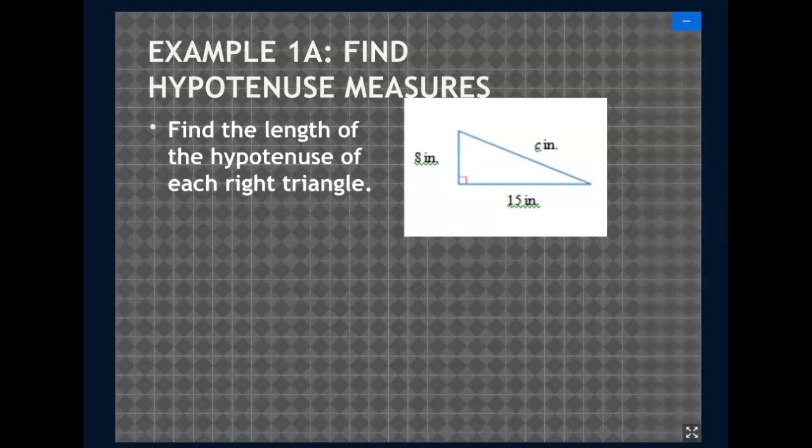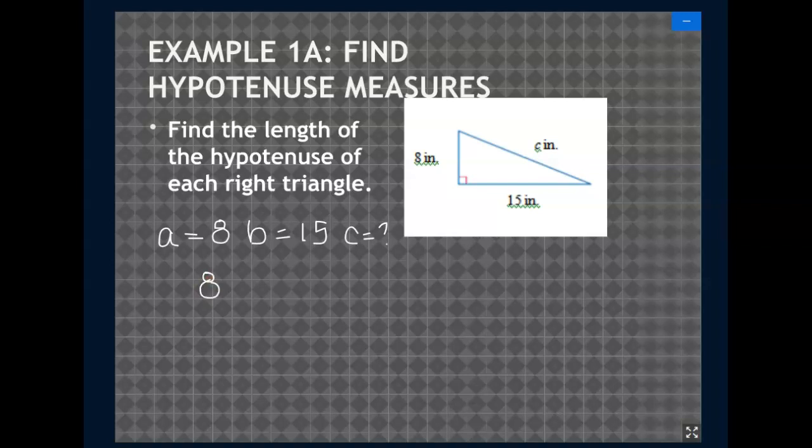So in the example here, we are looking for the length of the hypotenuse, or the missing side of the right triangle. So we're going to set it up in our formula. We're going to identify our A, our B, and our C. So we'll say A is 8, B is 15, and C is in question.